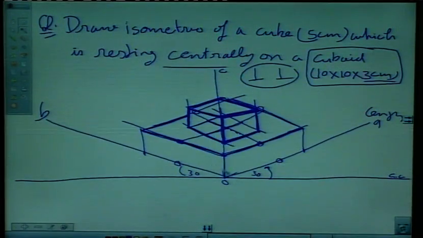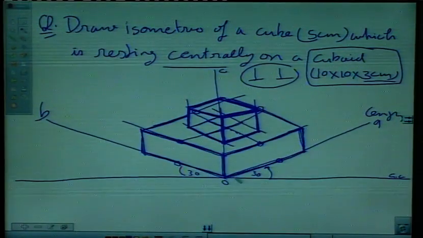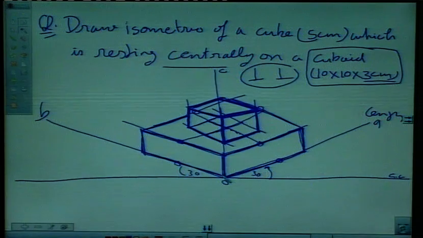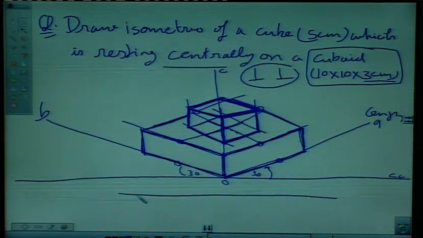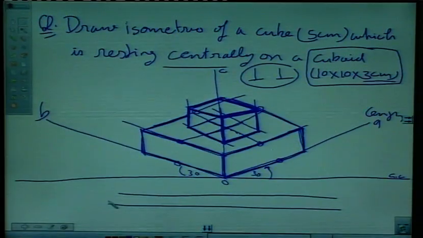And vertical lines, all the edges which are directly visible to us we can dark. So this gives us an isometric projection of a cube which is resting on a cuboid as per our statements.